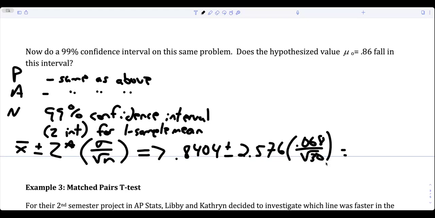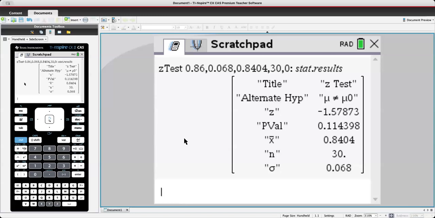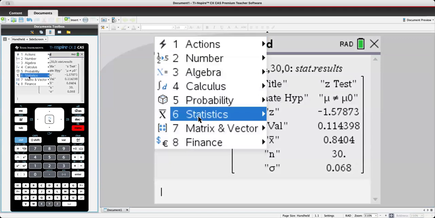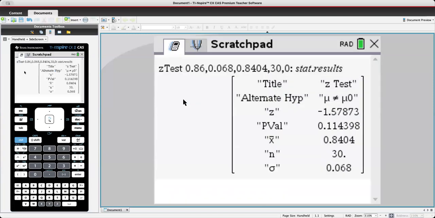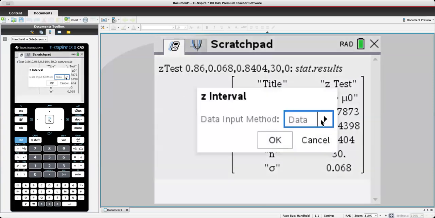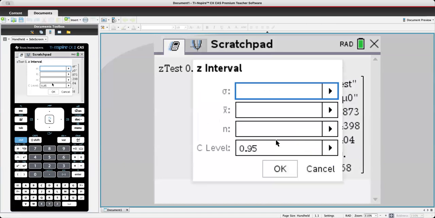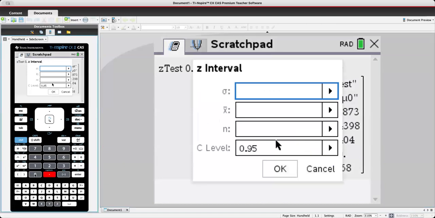And then I'm going to go to my calculator. So we go to menu, statistics, confidence intervals. And this is a z-interval. And I'm going to input the stats. Sigma is 0.068. x bar was 0.8404. n is 30.